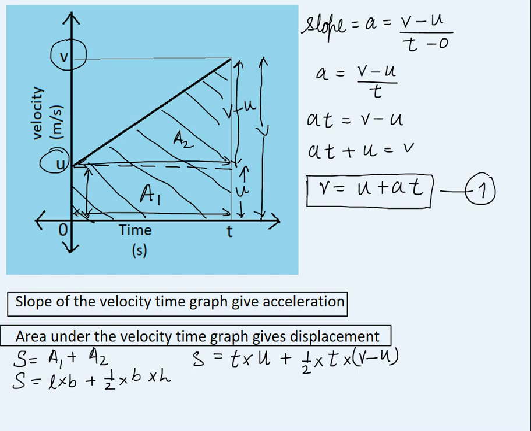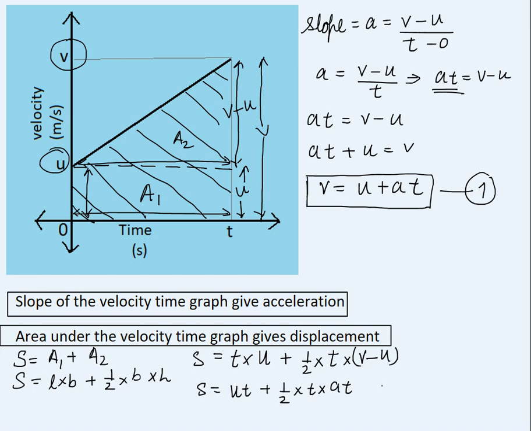So what do we have over here? We got v minus u, but if you look over here, I can say that a into t is v minus u. So I will replace that over here. So I get s is equal to ut plus half into t into at.